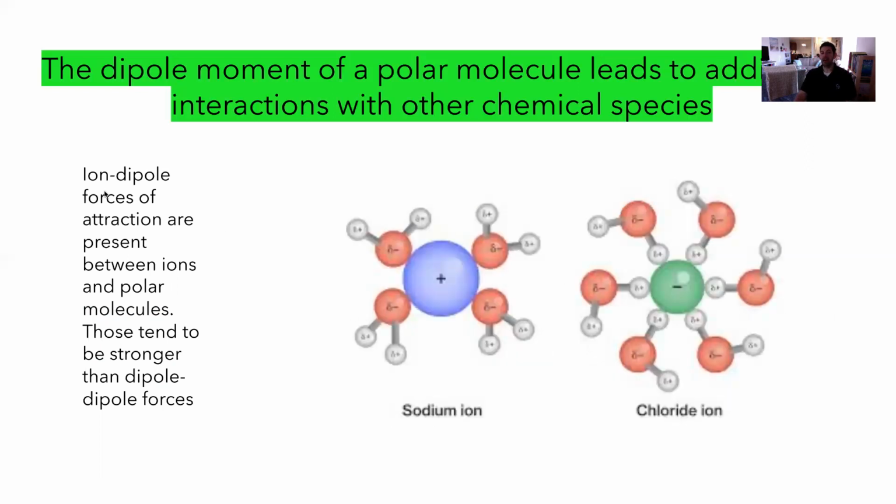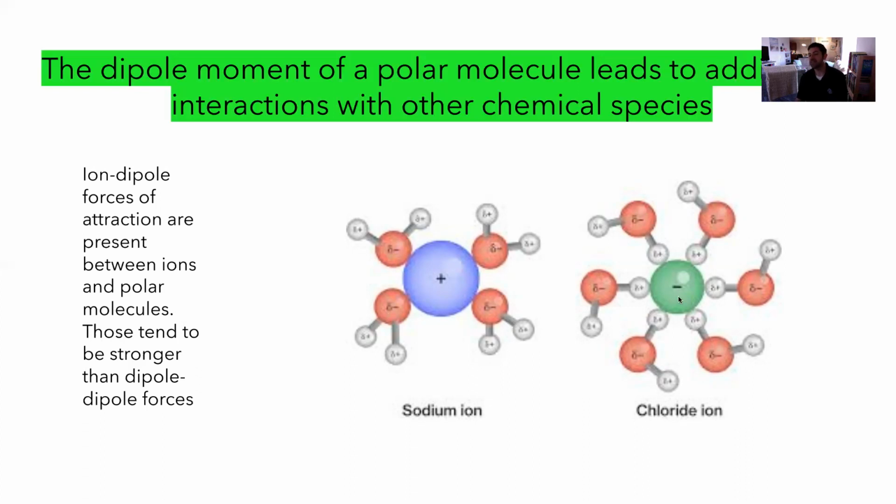So when we think about that, ion-dipole forces of attraction, that's when an ion is near a polar molecule. That happens all the time when we dissolve a salt. Water molecules, they're a universal solvent. They surround the ions. The positive ions get surrounded by the negative part of water molecules, which is always the oxygen.